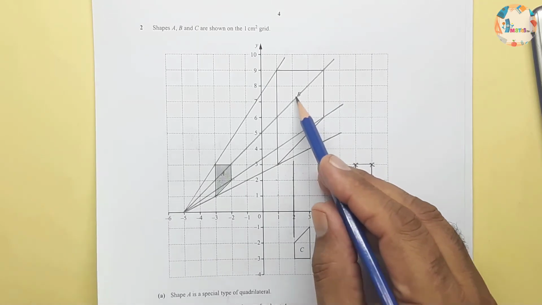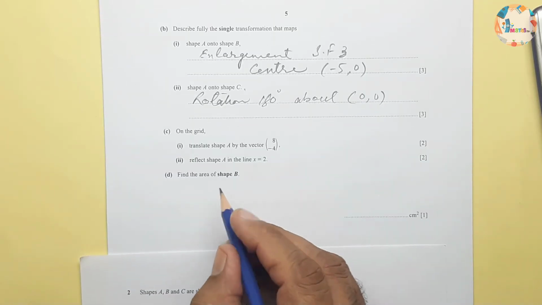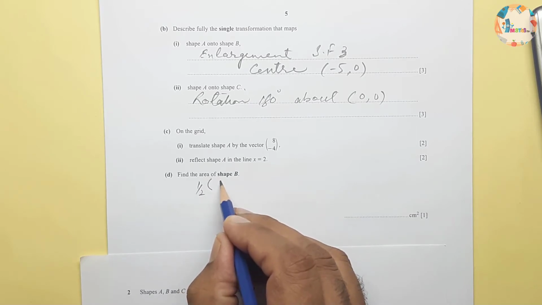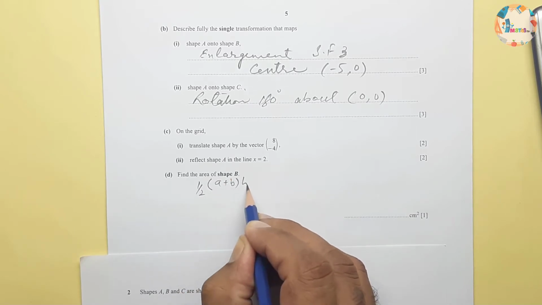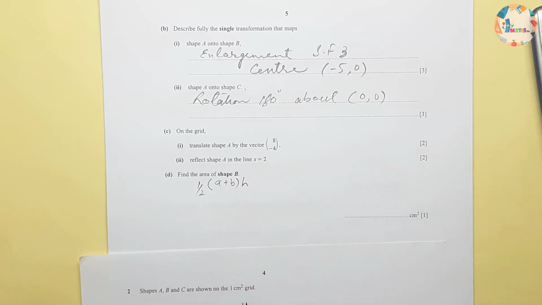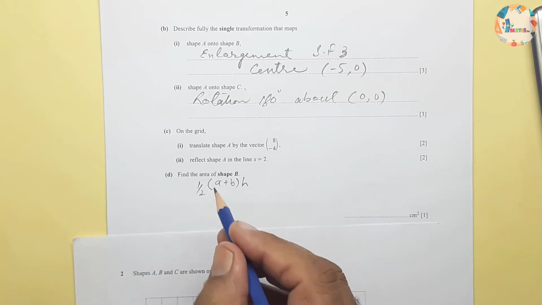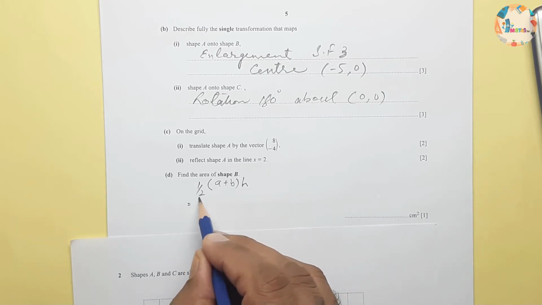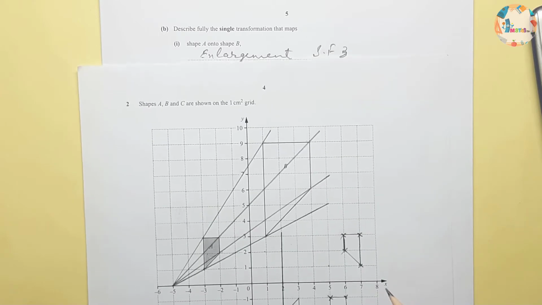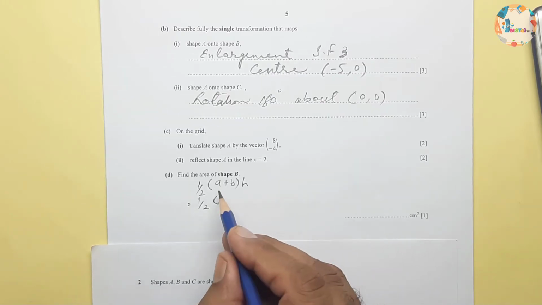So we can use trapezium formula, which is 1 by 2 into base into height, A plus B into H. This is by formula we can calculate, or we can check from the shape. But if we are using formula, this will be 1 by 2 into A plus B into height.